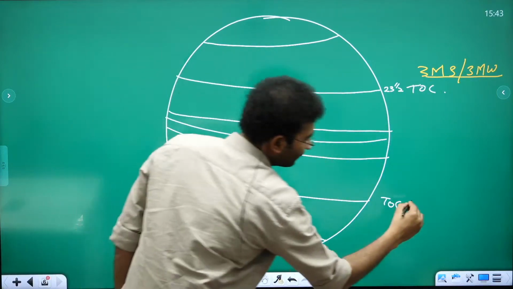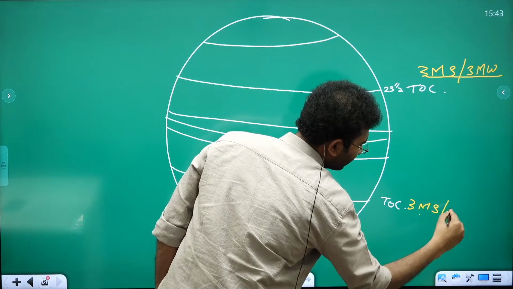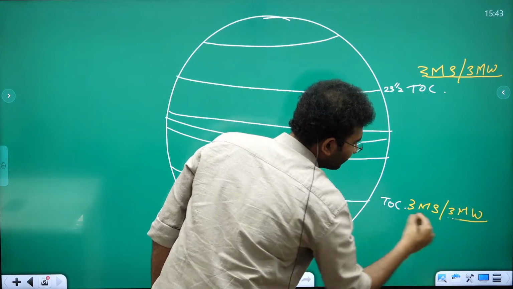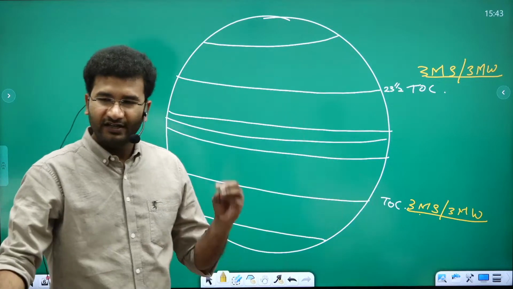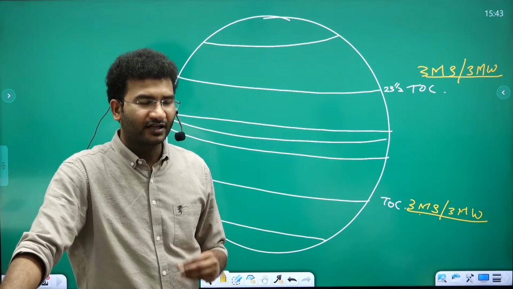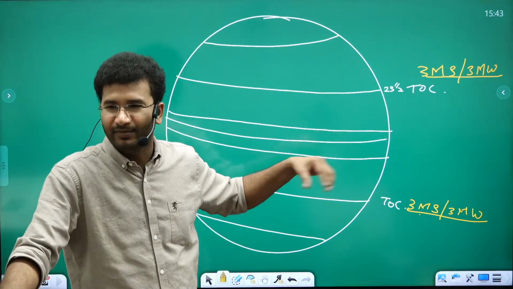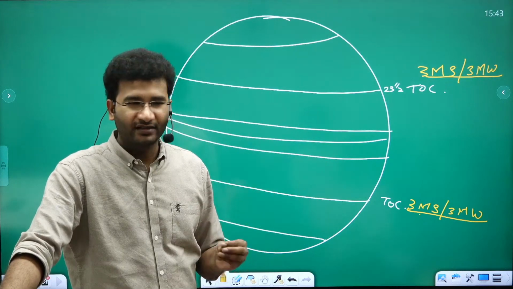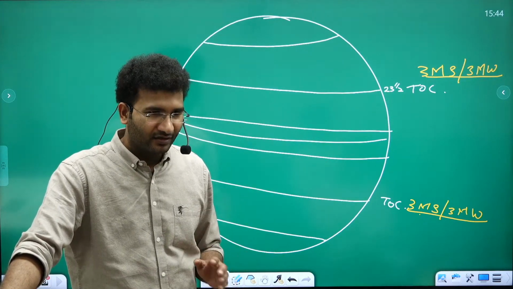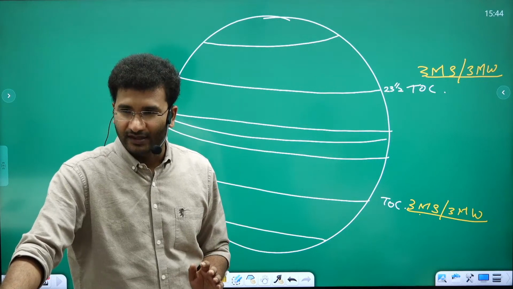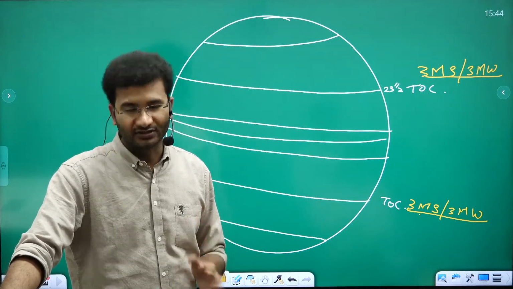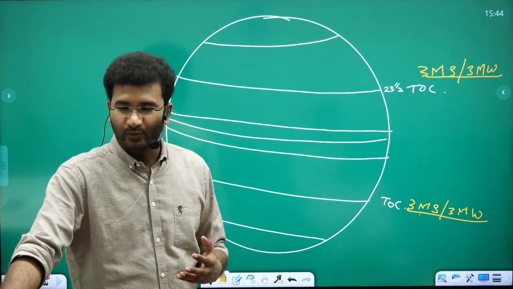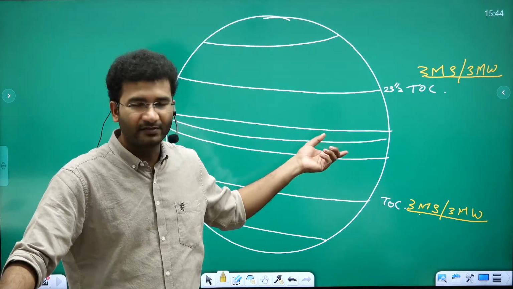Here also, 3 months of summer and 3 months of winter. Collectively, the temperatures are high at the equator. Here there is no summer or winter at all. All through the day, it will be hot. In the evenings, it will have rainfall, and next morning again it will be hot. Every day rain, every day heat, right? Thick vegetation is there. It is a different type of climate.